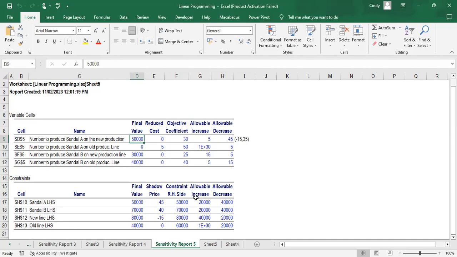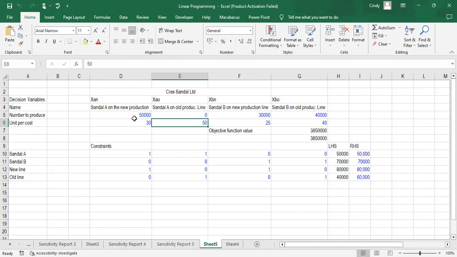So let's come here. Here we have 50,000, 0, 30,000, and 40,000, and we are on this one. They've given you an allowable increase of 5 and decrease of 45. So it means your range is within negative 15 and 35. So if you change within that range, you can produce the same quantity.